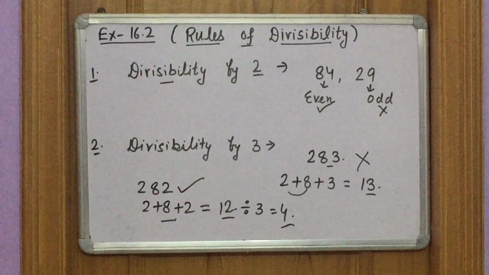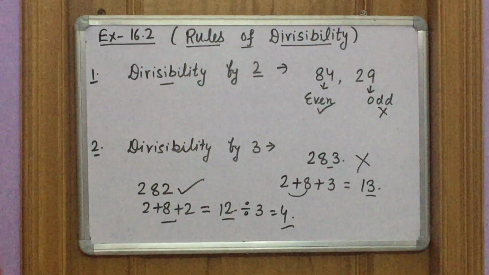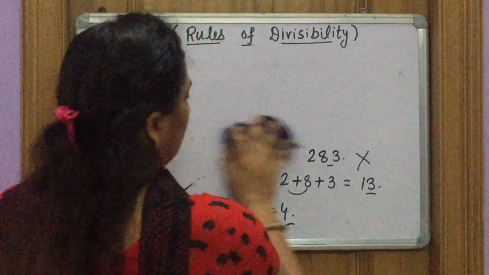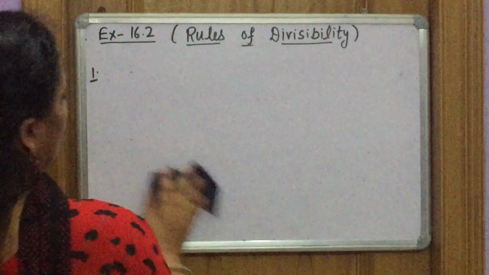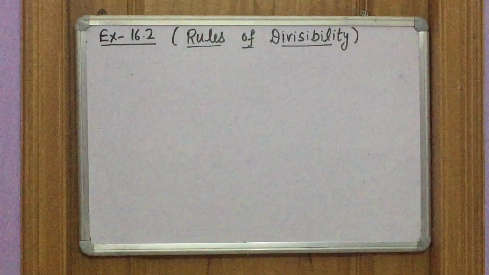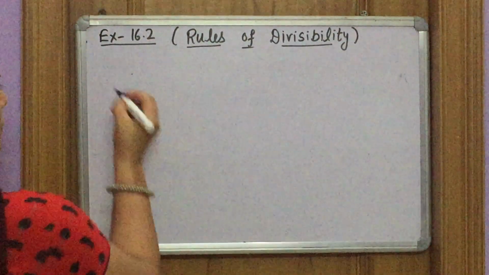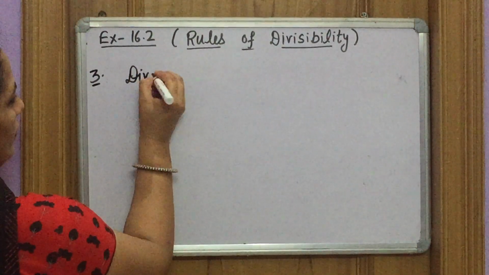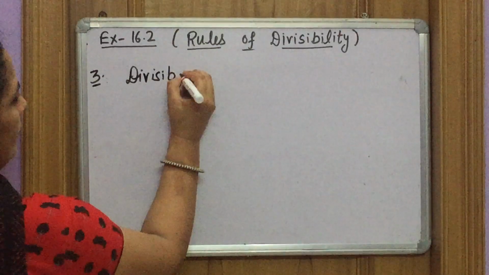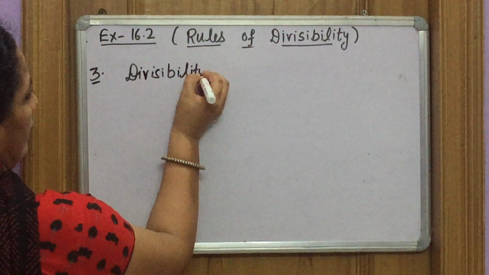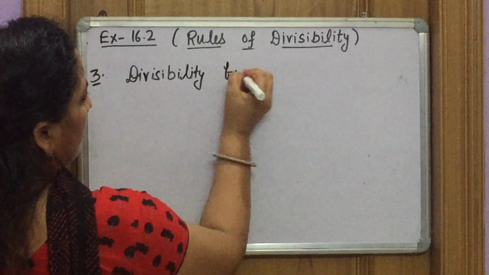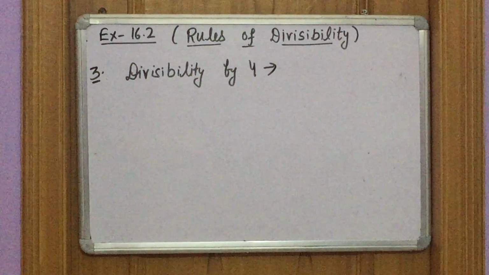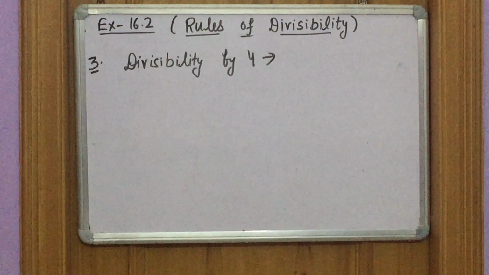Next is divisibility of 4. To check the divisibility by 4, what will we do?